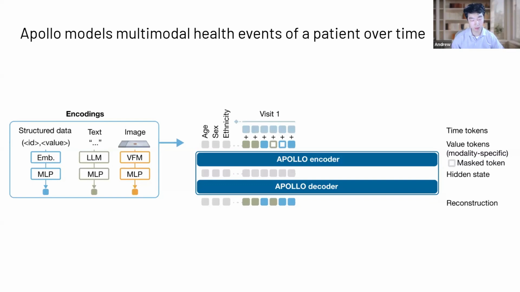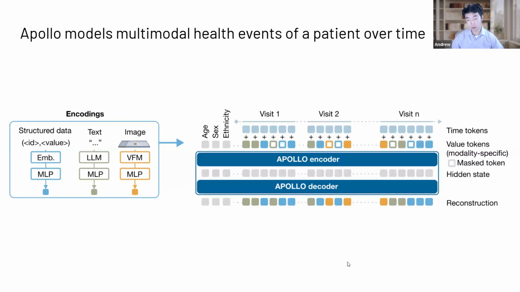So this is like an embedding-level reconstruction. As we add visits, you can see that there's more and more data coming into the model, and the model is basically trying to fill in the blanks. This is helpful because EHR data is necessarily very sparse and noisy.